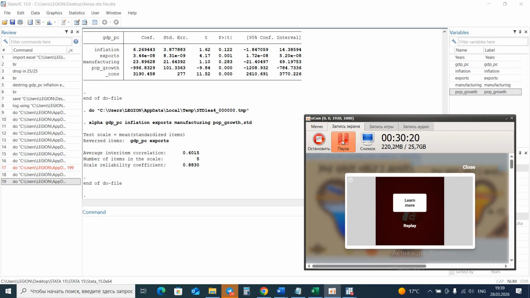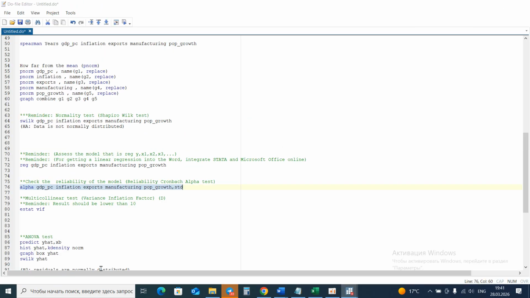Here we compare our p-value and alpha. If the p-value is less than alpha, we reject the zero hypothesis, and if the p-value is more than alpha, we fail to reject the H0 hypothesis. So we move to the next, that is the VIF test.